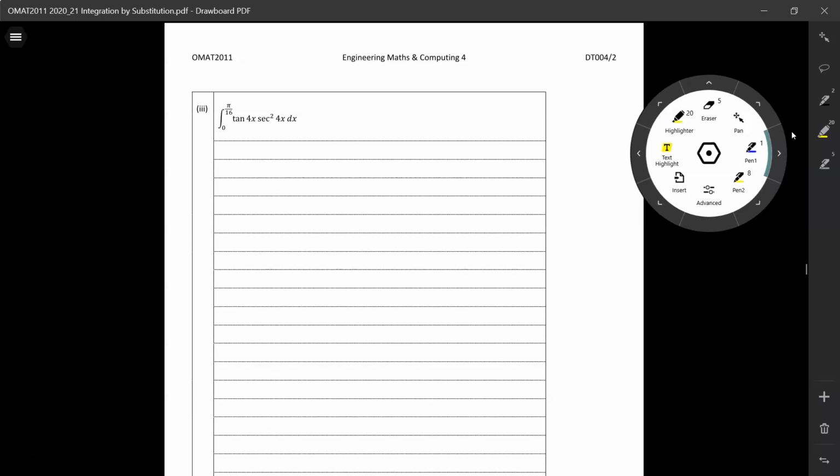If you check, you'll see that if f of x is tan of x, the first derivative is equal to sec squared x. So from that we say, well, f of x is equal to tan of 4x.